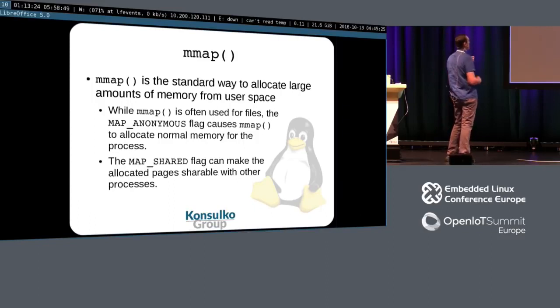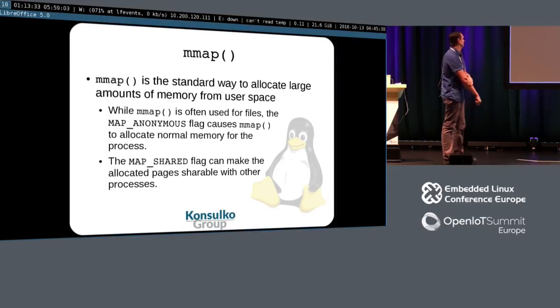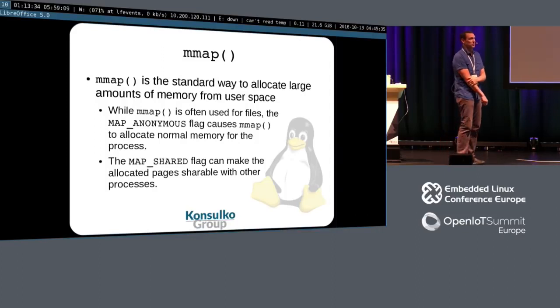So first off, mmap. One way that we allocate a bunch of memory from user space. You'll see it if you live in the world of running strace on things. You see lots of mmap happening when files are getting opened and so forth.